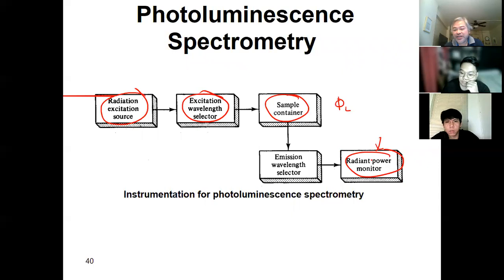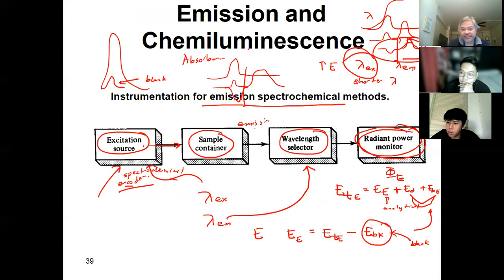Okay? So the emission wavelength selector that views the luminescence of the sample is typically placed to collect radiation at 90° with respect to the excitation axis. I think the fluorescence is more here compared to the one that we have here. I think this is more on the AAS.